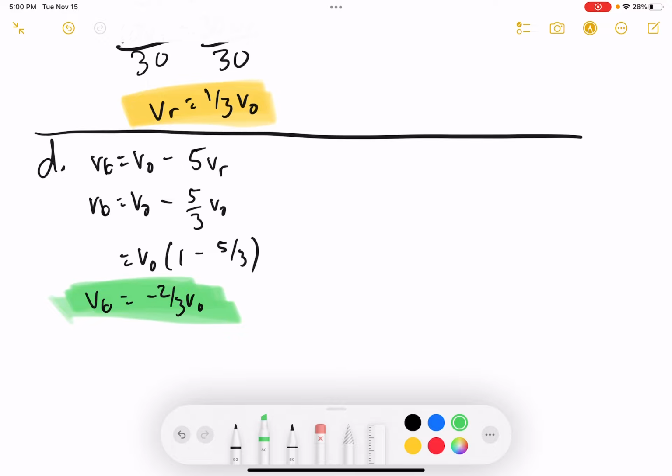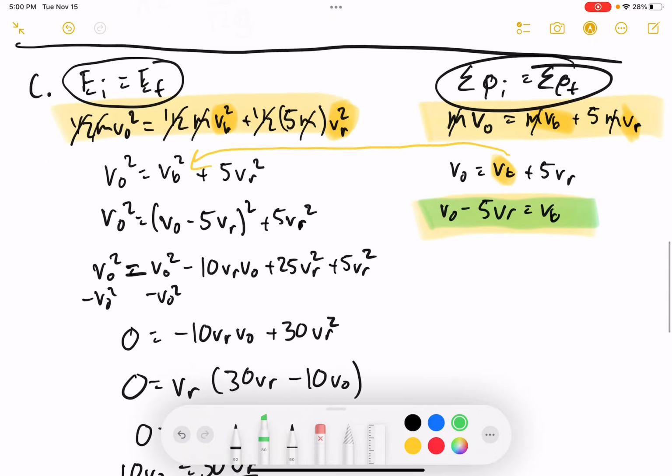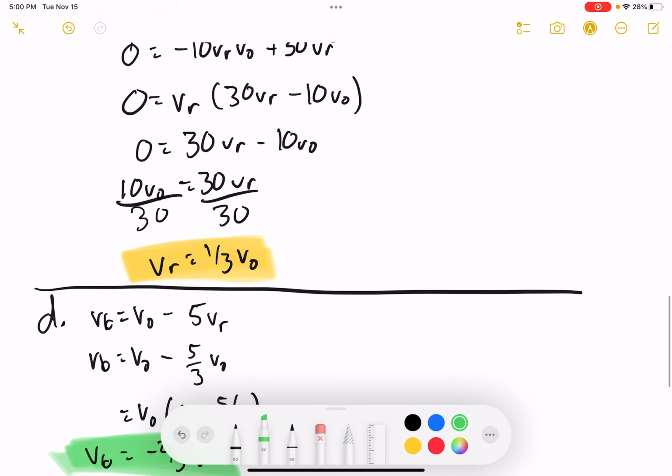So D is really hard or really easy depending on whether or not you got C, right?